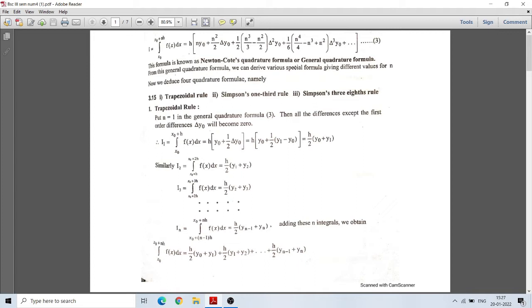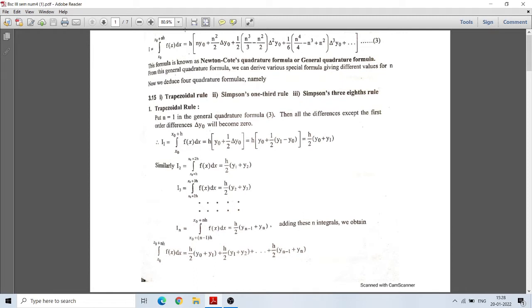From this general quadrature formula, we can derive various special formulas by giving different values of n, namely the trapezoidal rule, Simpson 1/3 rule, Simpson 3/8 rule, and so on. These are all rules we derive using the quadrature formula.